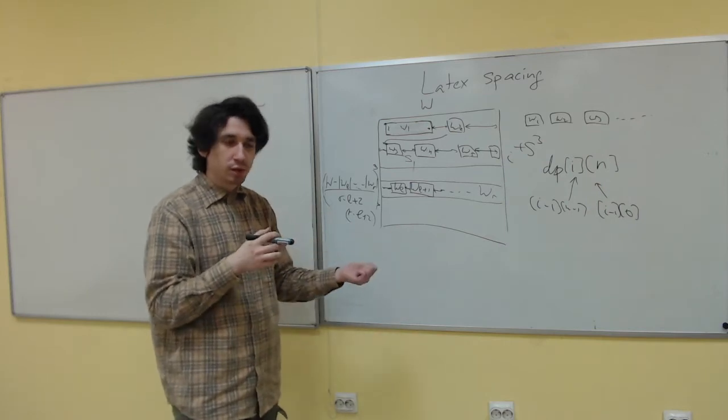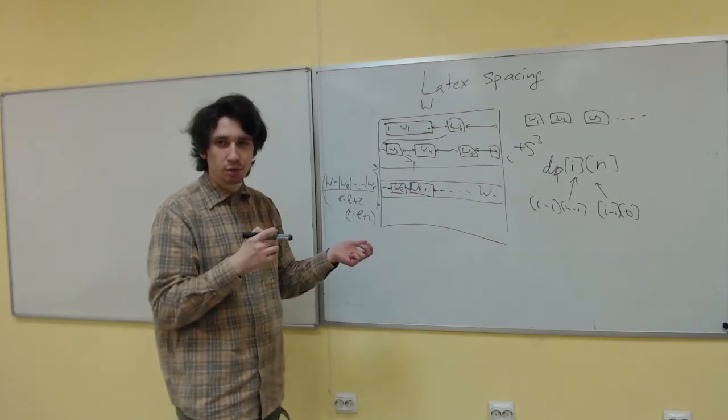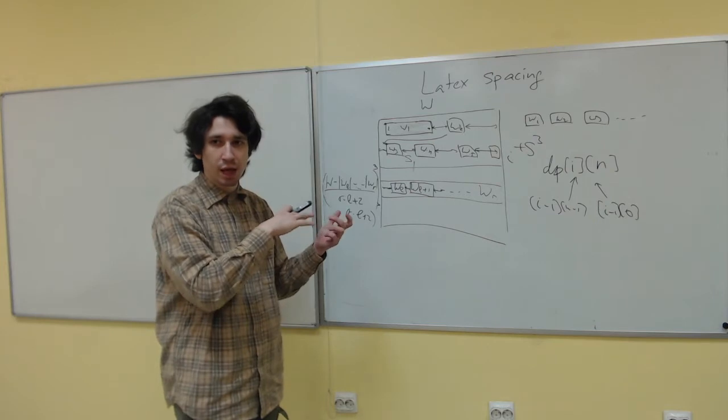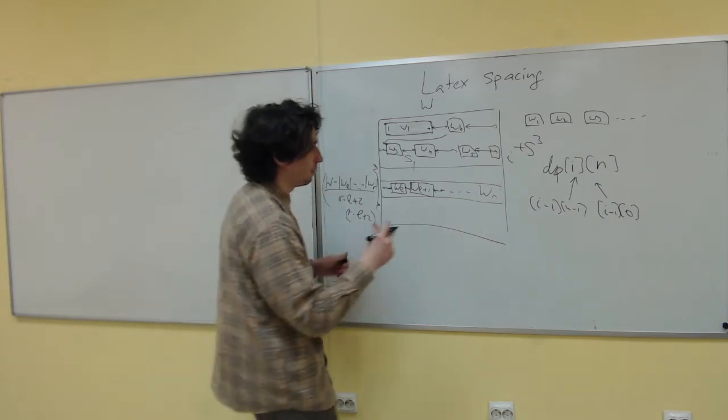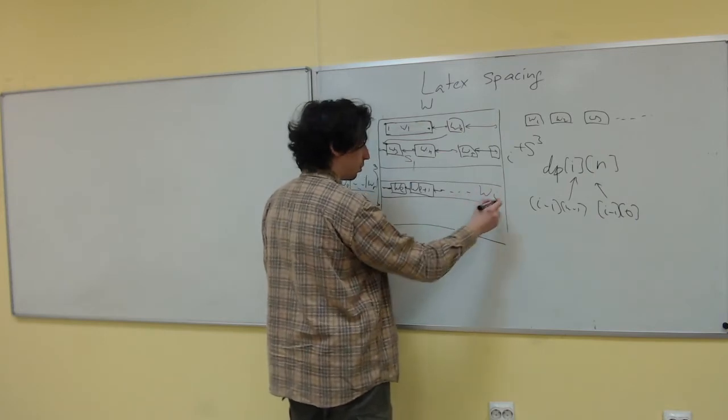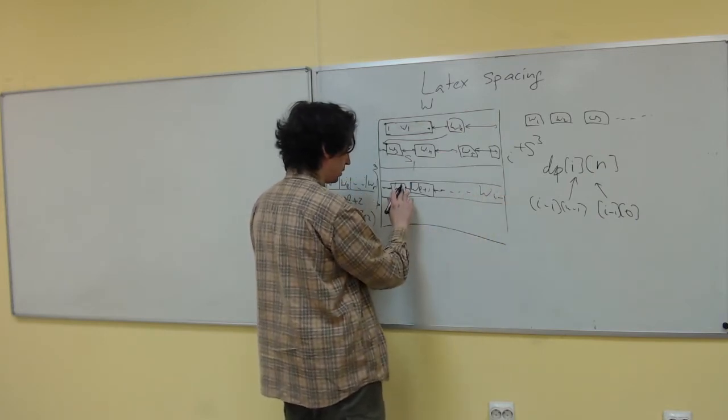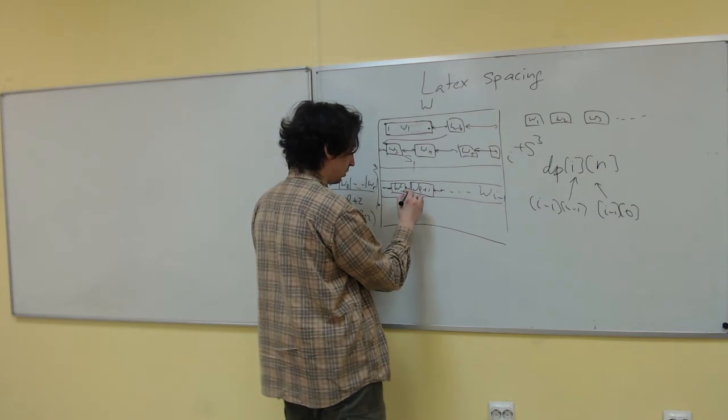You have to subtract the previous penalty and add the new one, given that it will be from I. So previously it was I minus 1 to I minus n.